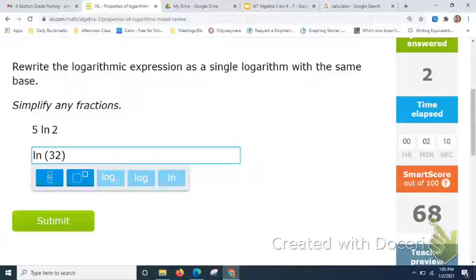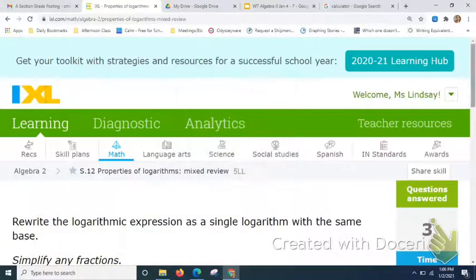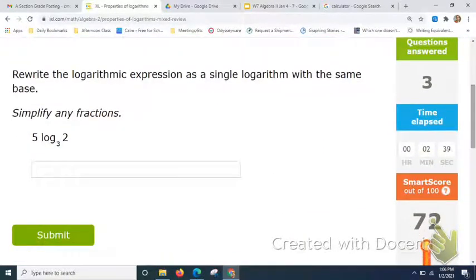So what I did here, the ln, natural log, just behaves like the log, but I need to put the 5 on the 2 as an exponent, and then 2 to the 5th power was 32. So that's how I got that answer. And it was A-OK. All right, so don't let that throw you off.